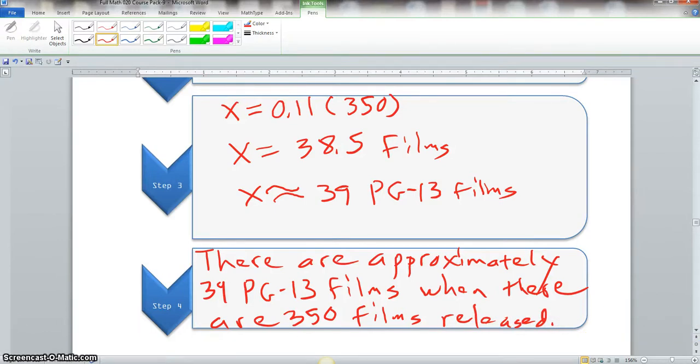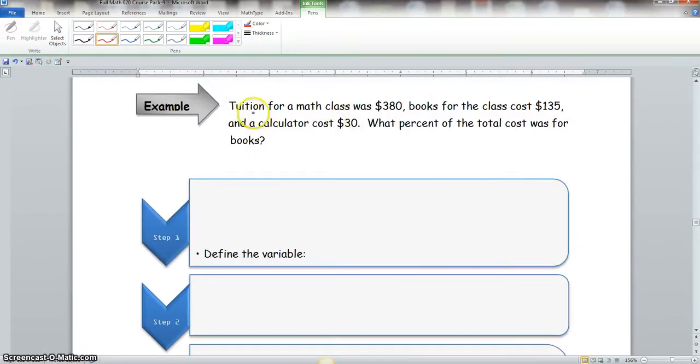Okay, now we go on to the next problem. Now it says here, tuition for a math class was $380. Books for the class cost $135, and a calculator cost $30. What percentage of the total cost was for books? So we had the tuition for the math class, the books was $135, and the calculator cost $30.